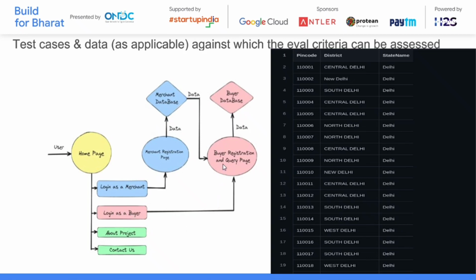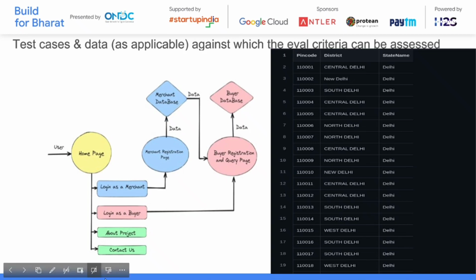And in the login as buyer section, the buyer enters the buyer's name and password as well as the pin code for which he wants to see whether any merchant is available or not. All this data is stored in the buyer's database, and the merchant's pin codes are then retrieved to see if the pin code queried by the buyer is available for a particular merchant.